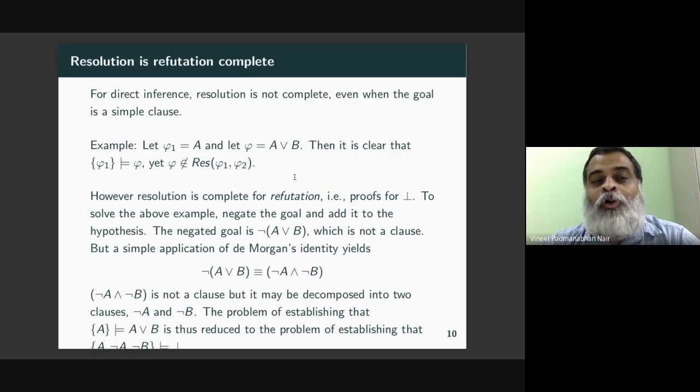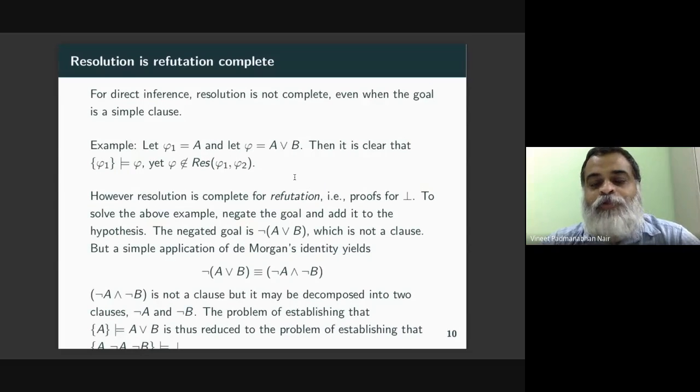But if I want to prove it through resolution, I cannot. How can I prove A or B from A through resolution? It is not possible because resolution needs two complementary literals, right? So you cannot prove it. This is the first step.